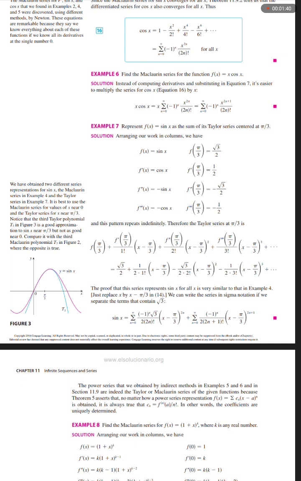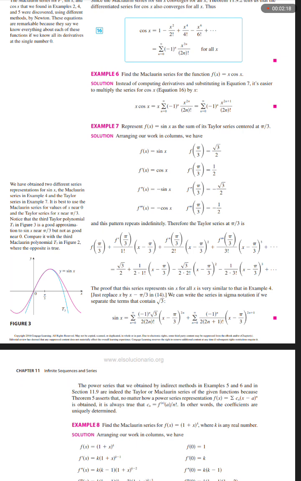The first derivative f'(x) = cos x, and f'(pi/3) = 1/2. The second derivative f''(x) = -sin x, and f''(pi/3) = negative square root of 3 over 2.